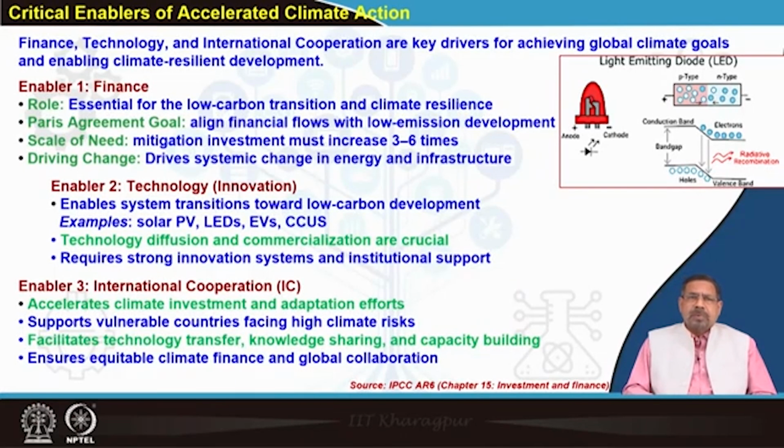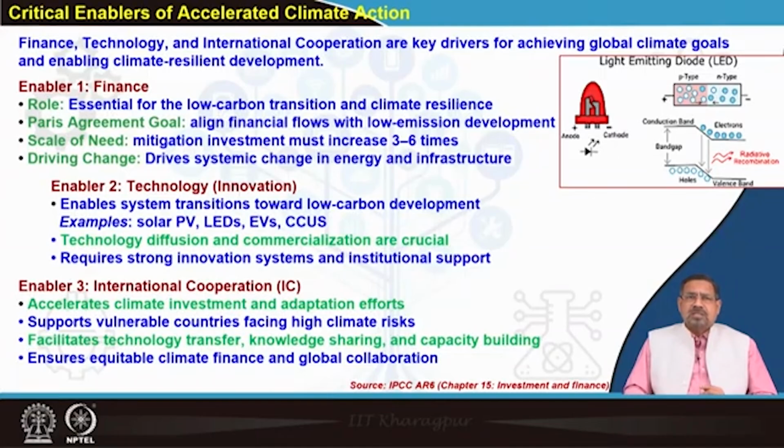It also facilitates technology transfer among countries, knowledge sharing among countries, and also capacity building. And this international cooperation ensures equitable climate finance and global collaboration. So these are the three critical enablers as far as climate action is concerned.